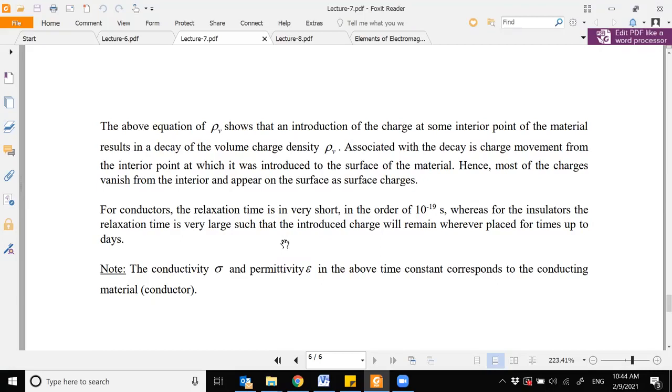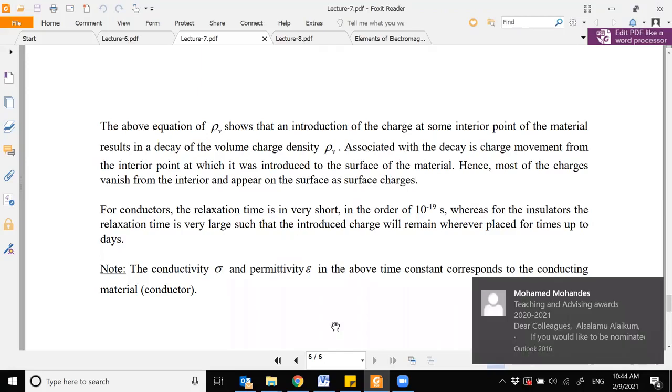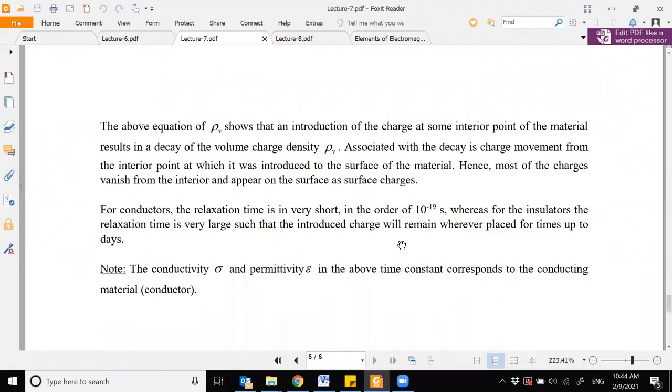When your dielectric is neutral, in thermal equilibrium, and you put some charge on it, even inside it, that charge will stay there for a very long time. This is the difference between the dielectric and the conductor when they are given extra charges, which means they are no longer neutral.